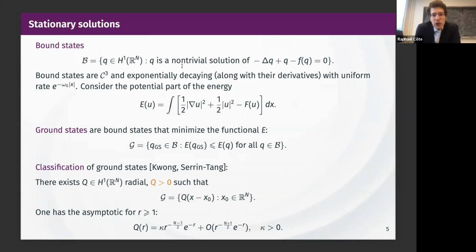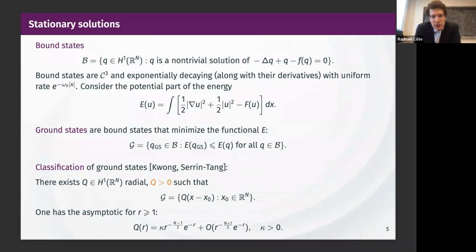And you know that any non-zero solution is smooth, as smooth as the nonlinearity allows. Here p is 1, so it's at least C3. If p is an integer, it will be C infinity. And it's exponentially decaying with a fixed rate omega naught. Any solution has the same rate.